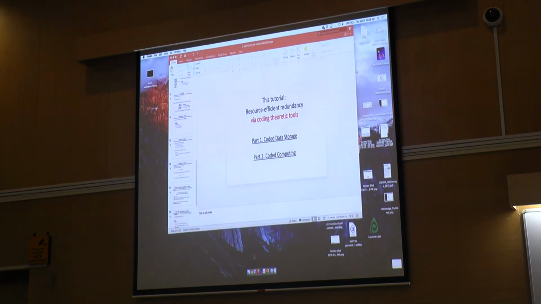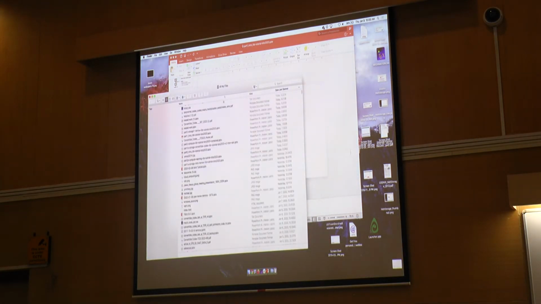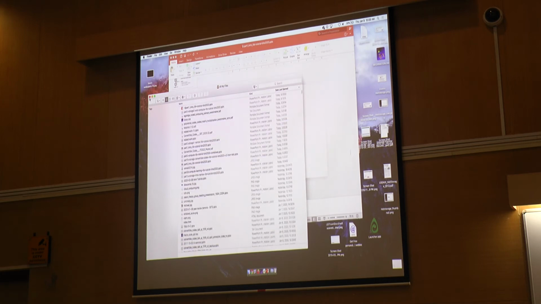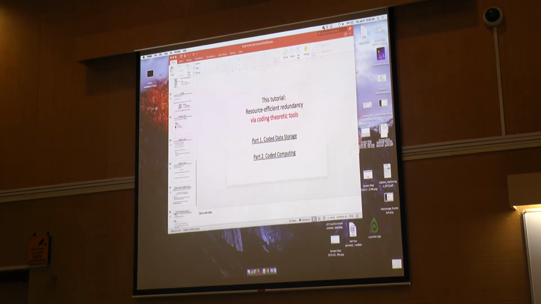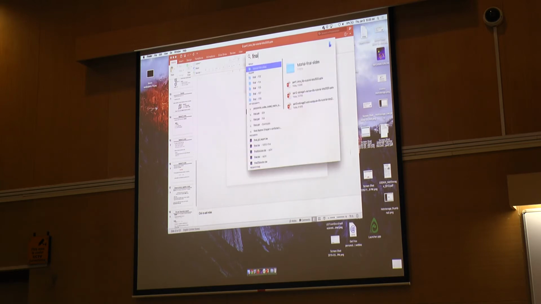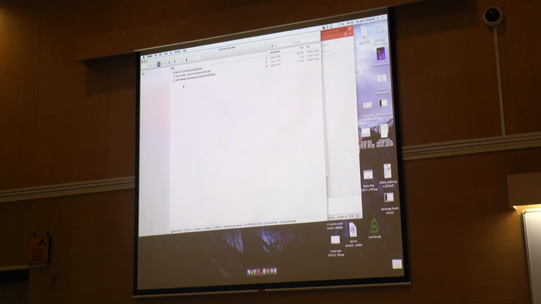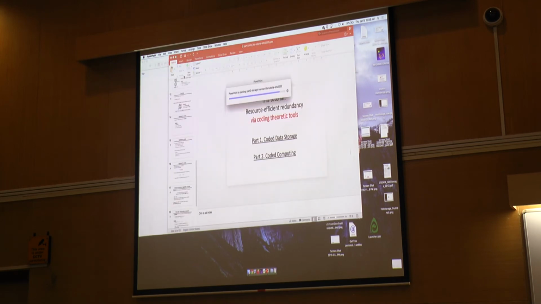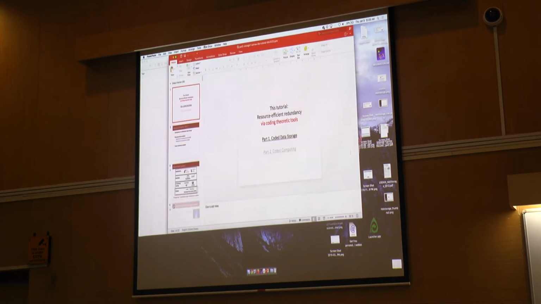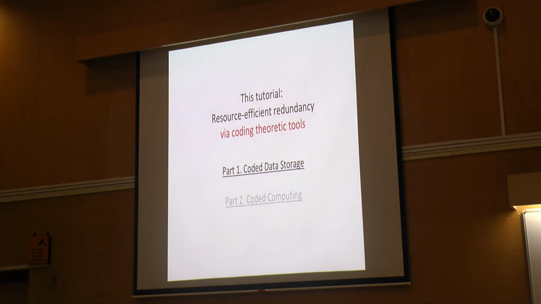Okay, cool. So we will get into the first part, which is on storage systems.